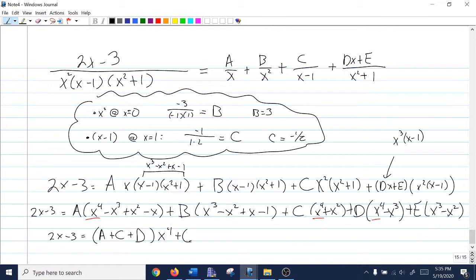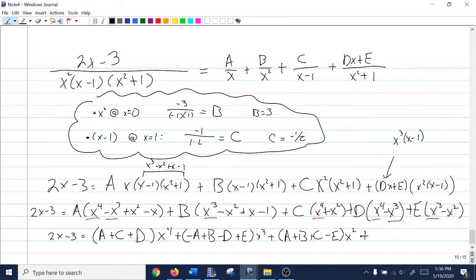How many x cubeds am I going to have? I'm going to have negative A, positive B, negative D, positive E. 4 terms, yes. How many x squareds am I going to have? Ax squared, Bx squared, Cx squared, minus Ex squared.